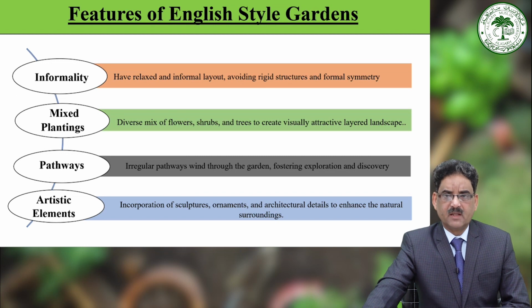Number 1, informality. English gardens often have a relaxed and informal layout, avoiding rigid structure and formal symmetry. Next is mixed planting. They showcase a diverse mix of plants including flowers, shrubs, and trees, creating a layered and visually appealing landscape.